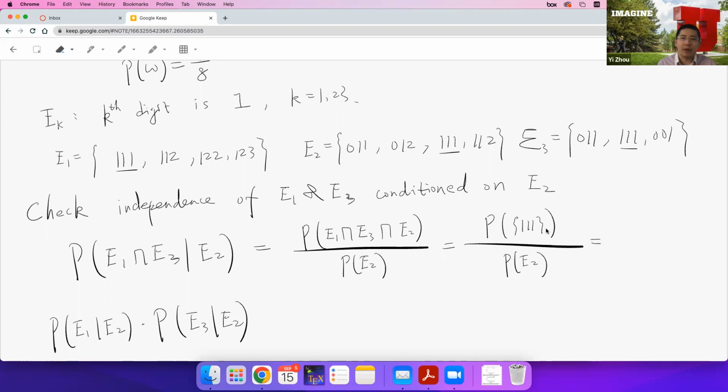Because every outcome has equal probability to occur, this one has 1/8 probability, and the probability of E2 is 4/8, because it involves 4 different outcomes. So this gives 1/4.